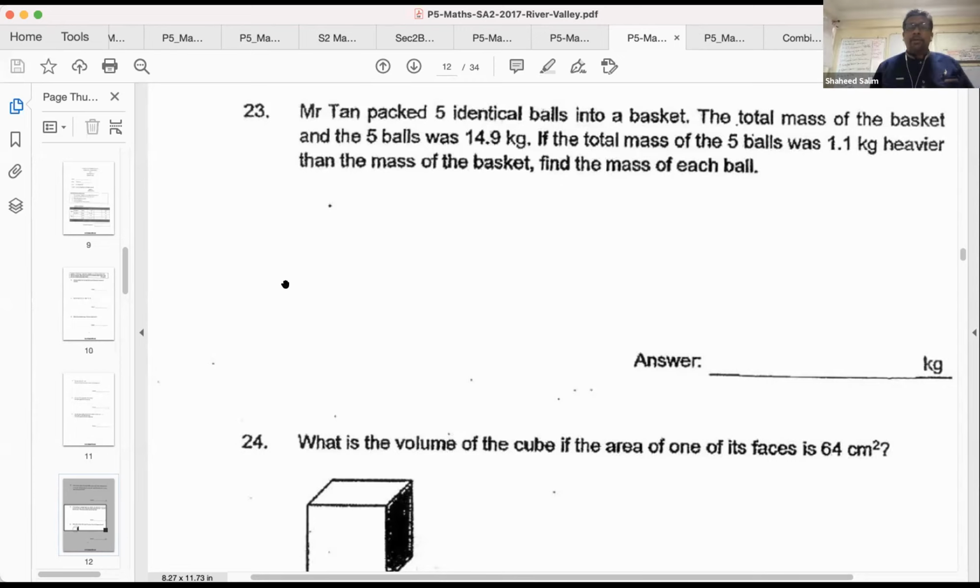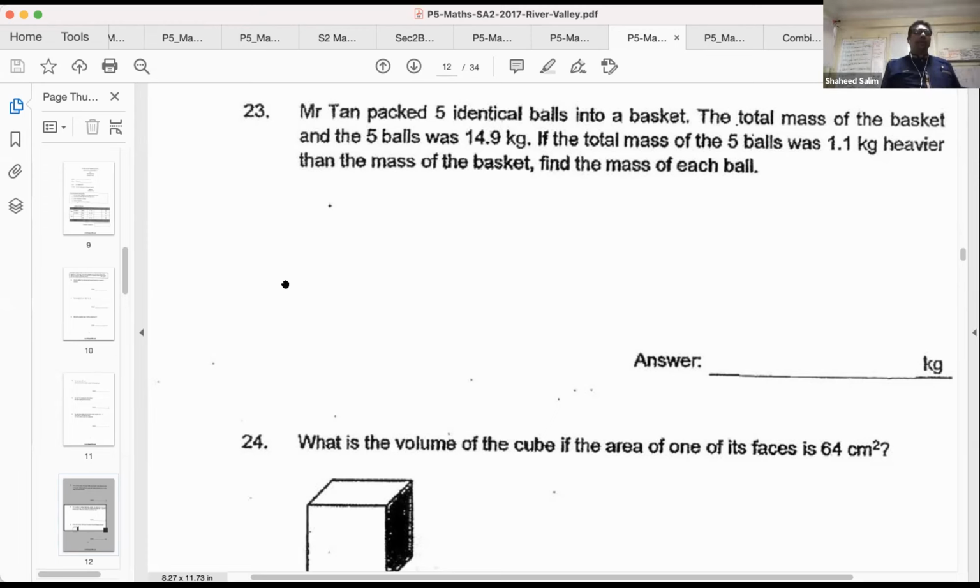Question 23. Okay, come. Question 23 is decimal. Remember, your CA2 will test you on decimal at P5 for sure. This one is tricky. They made it too tricky.